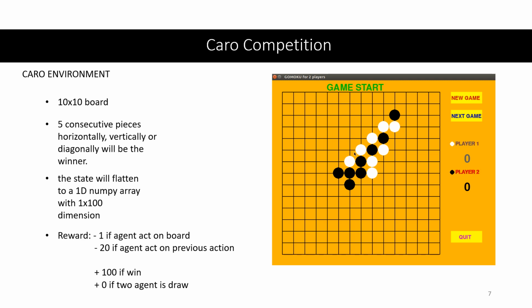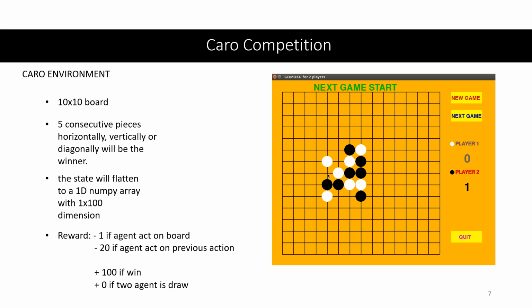As you can see in the slide, the state here will be flattened from 10 by 10 into a 1D numpy array with 100 dimensions.